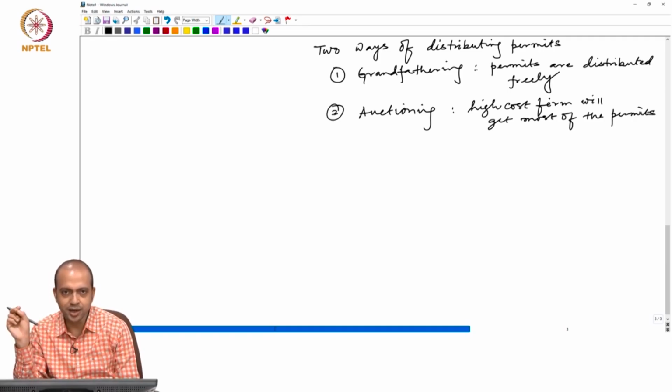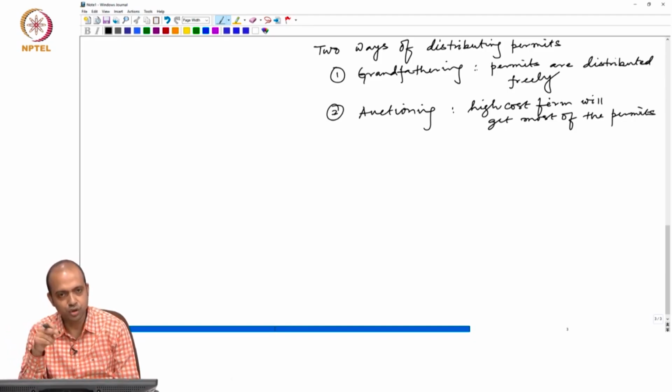They will assign a number of permits depending on how much emission the society or the policymaker wants, and then allow the firms to trade their permits depending on their cost of abatement. High cost firms will require more permits, they will have excess demand for permits. Low cost firms will have surplus permits, they will trade the permits in the permit market, and it will result in the same type of situation we got in the case of emission charges.